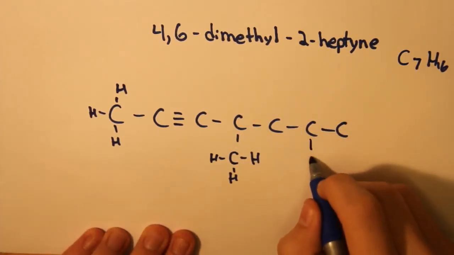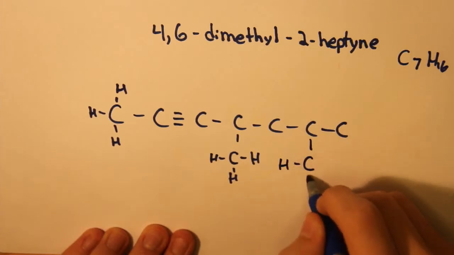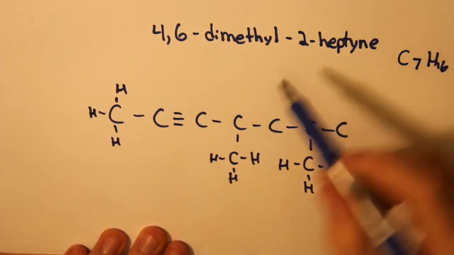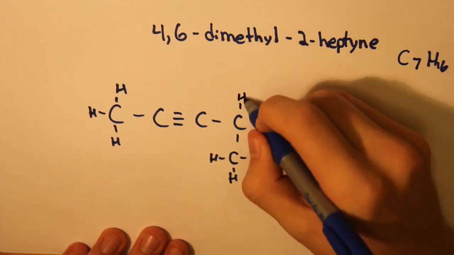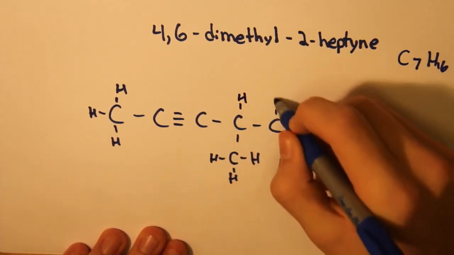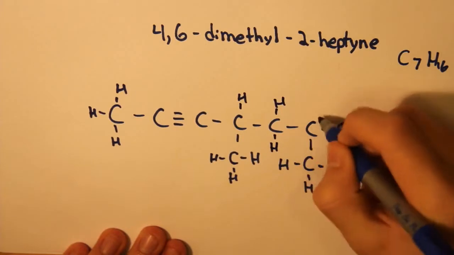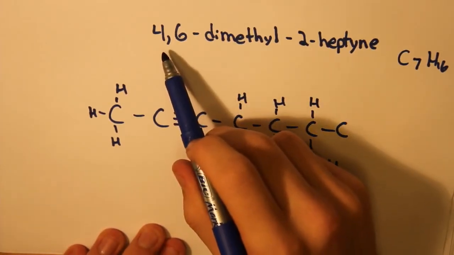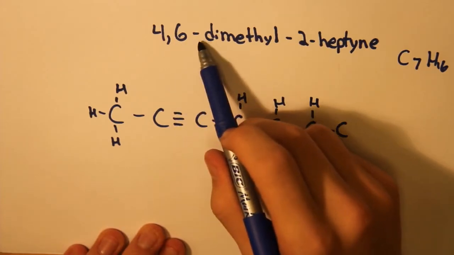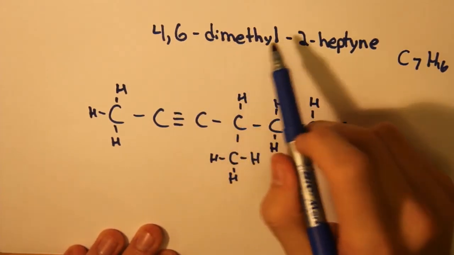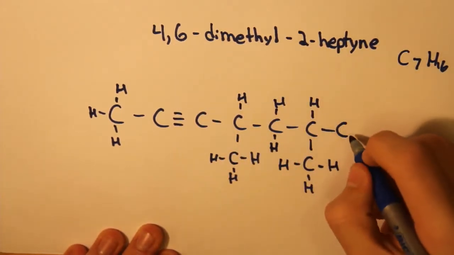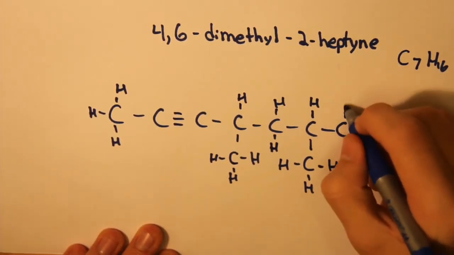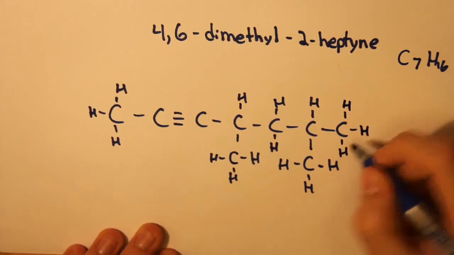So we'll pop this down here, add on to them, and then we'll add on the additional H's. Wherever they fit, you can put them in. And that is how you write out 4,6-dimethyl-2-heptyne, which is pretty fun.